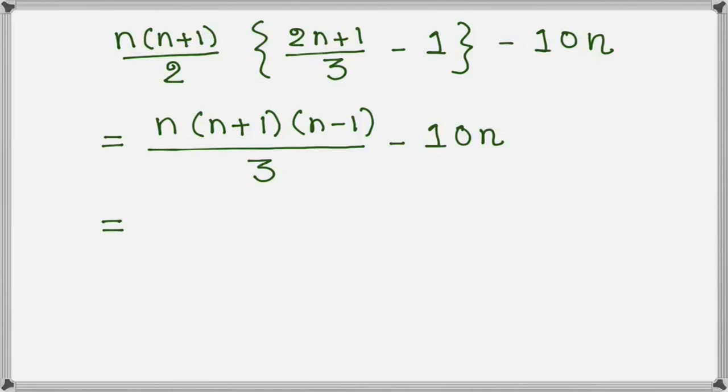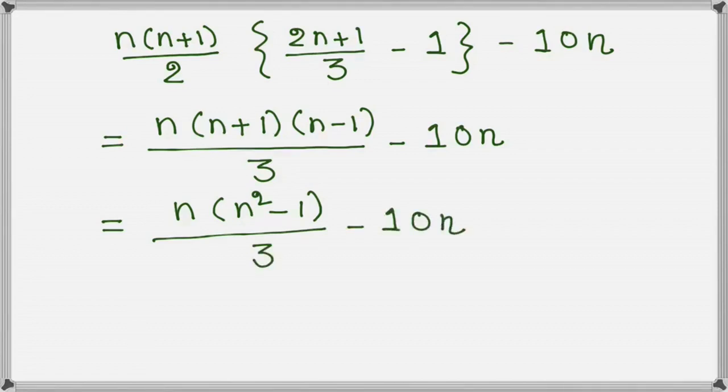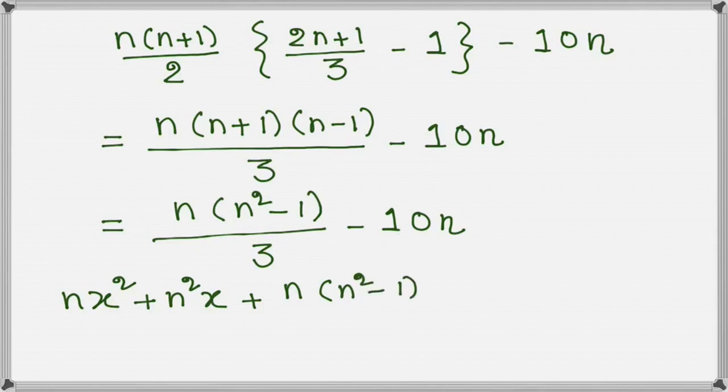So this is n into n square minus 1 divided by 3 minus 10n. Now if we write down the quadratic equation in a simplified form, we obtain nx square plus n square x, and the constant term is n into n square minus 1 divided by 3 minus 10n is equal to 0.